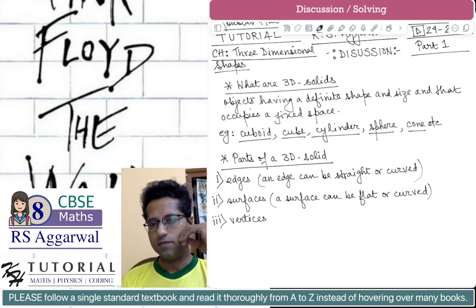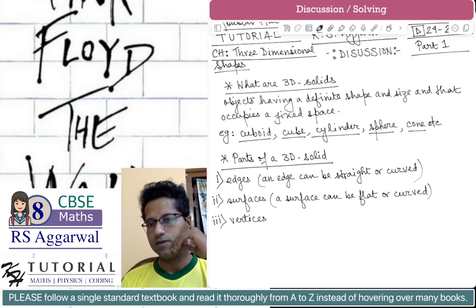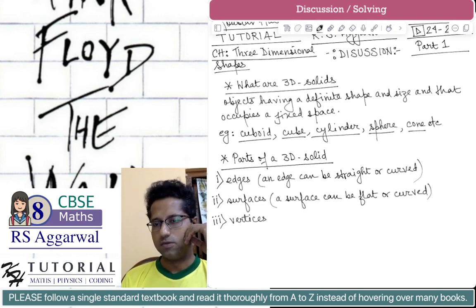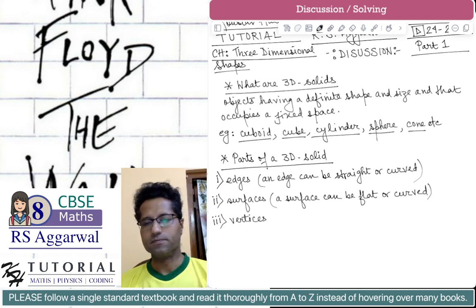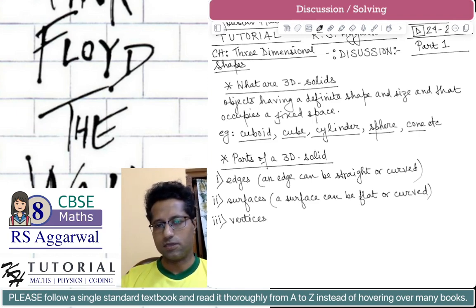So what are three-dimensional solids? Any object having a definite shape and size and that occupies a fixed space is known as a three-dimensional solid. For example, you have cuboid, cube, cylinder, sphere and cone. So these are the standard 3D solids that we will discuss in this chapter.